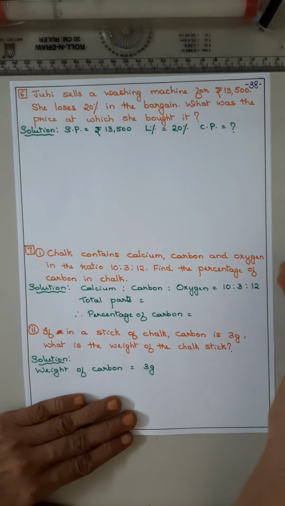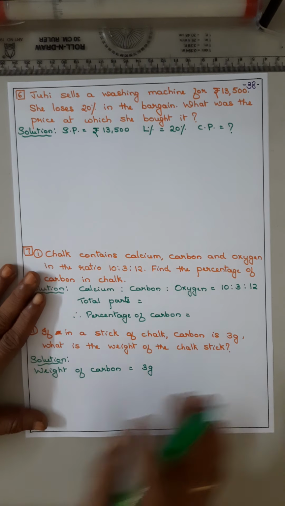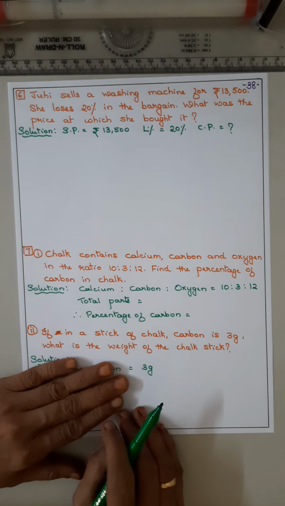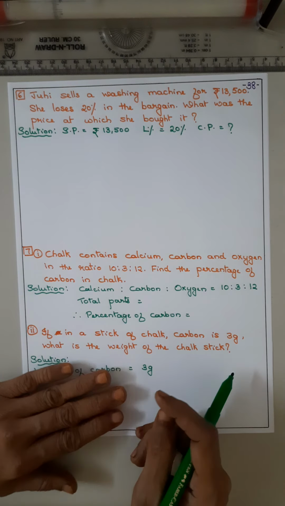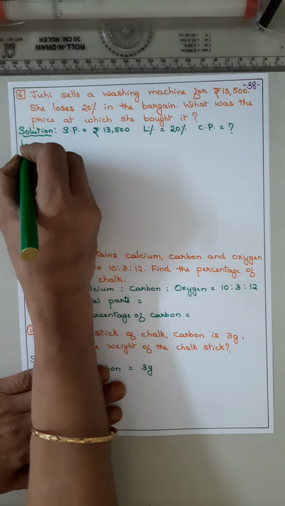अभी CP फाइंड आउट करने का है, लेकिन CP फाइंड आउट करने के लिए जो हम पहले किए थे वैसे नहीं कर सकते, क्योंकि लॉस परसेंट प्रॉफिट परसेंट इज कैलकुलेटेड ऑन CP. सो इसके लिए हमें क्या करने का है, थोड़ा एक्स्ट्रा काम है.